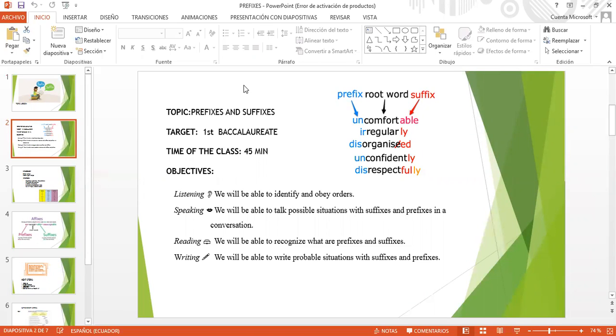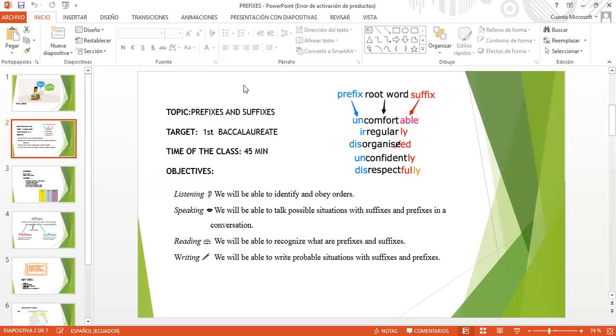The target is first bachelor. The time of the class is going to be 45 minutes.